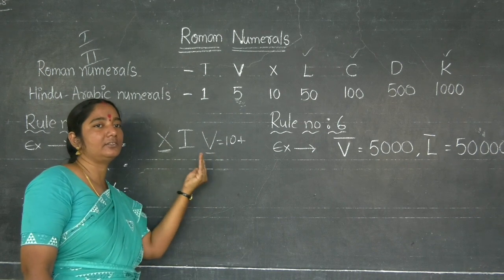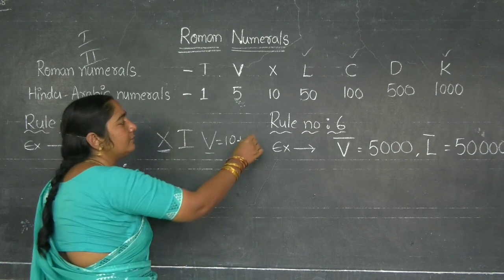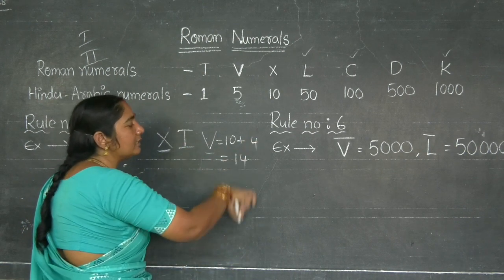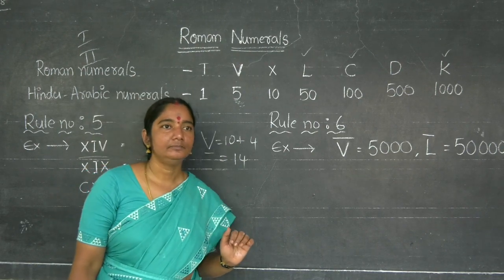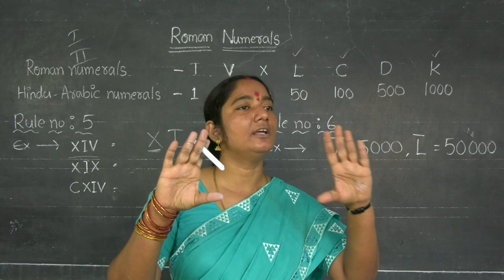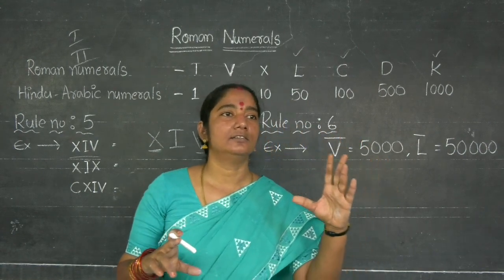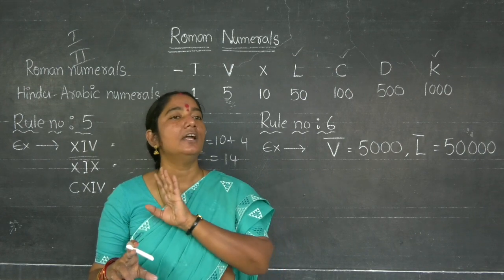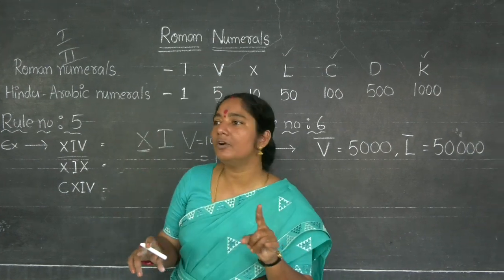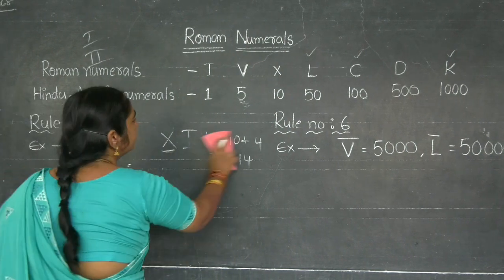Always go for subtraction when a smaller number comes, means 5 minus 1, that is 4. That is, the number value is 14. When a smaller value Roman numeral comes in between 2 bigger ones, the smaller one should be subtracted, but not go for the addition option. It should be only the subtraction option. We should not go for the addition option.